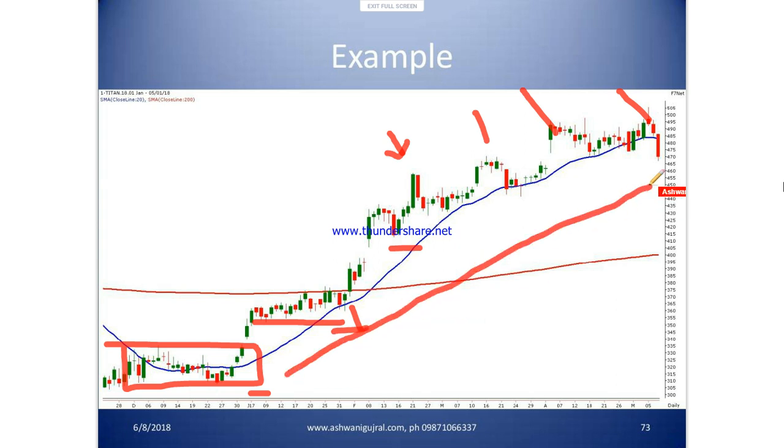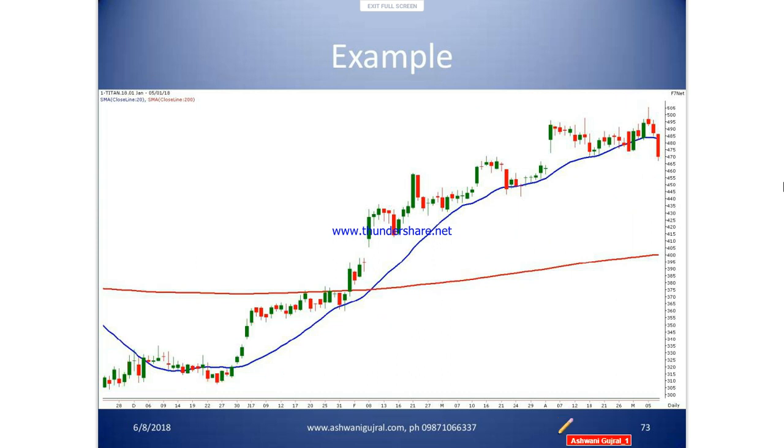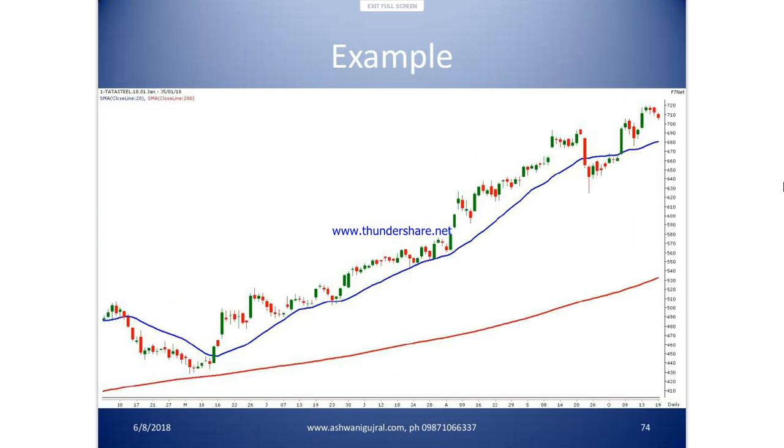It should be this simple. And the day it becomes this simple is the day that you all should work towards. Just decline towards 200. Now this is daily chart. Okay. Any difference?